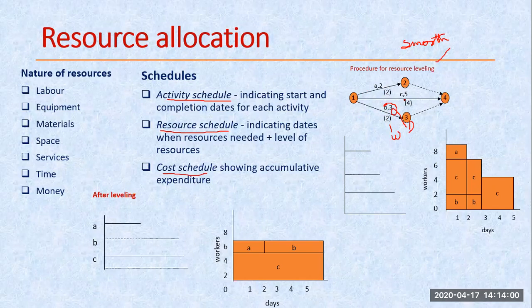I hope you are able to draw the network right now. A requires 2 workers, and the duration is 2. B requires 3 days, and 2 workers are required. Similarly, C needs 5 days and 4 workers are required.